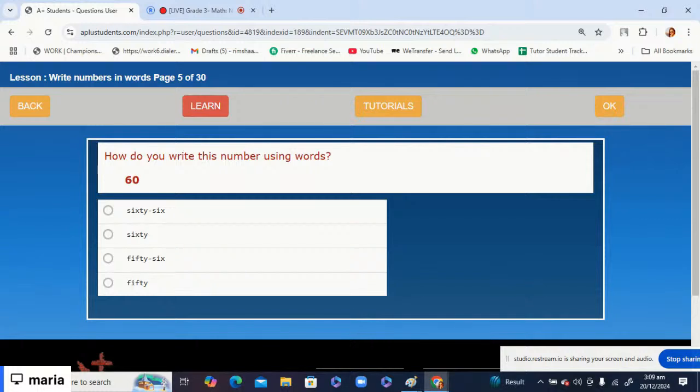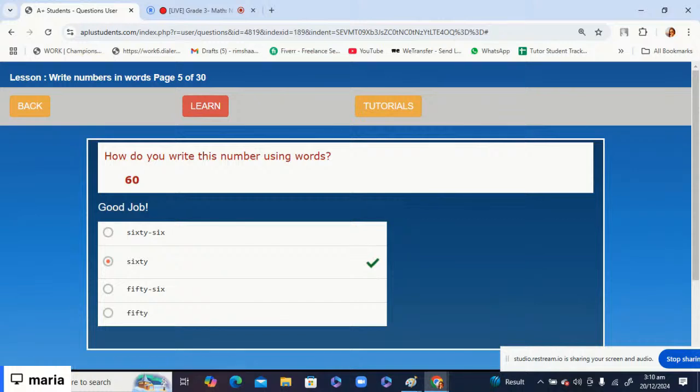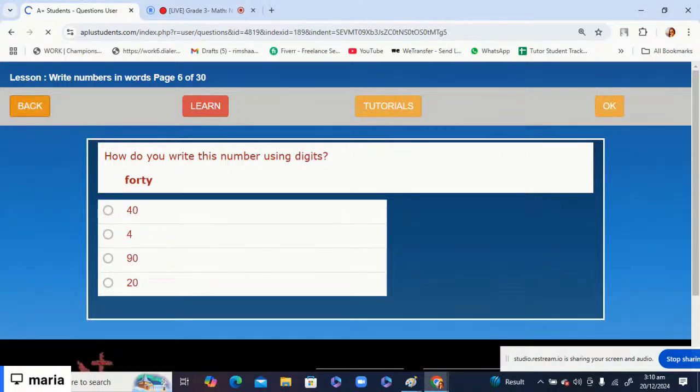So, what's the answer for that? So it's 60. That is the option here. Hope you guys understand this lesson. Solve the rest of the test questions by yourself. Okay. Now let's start the next lesson.